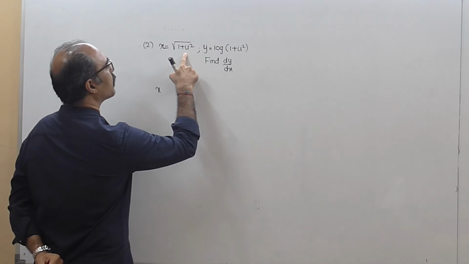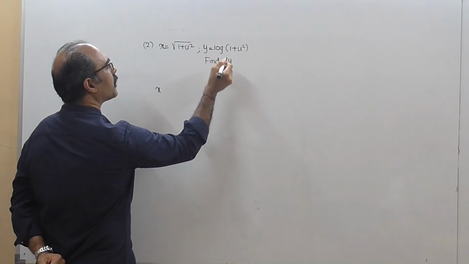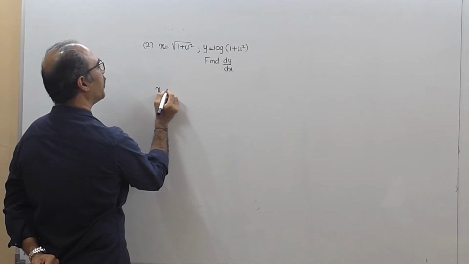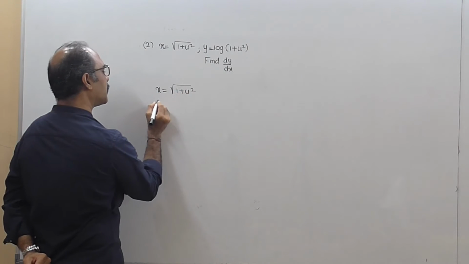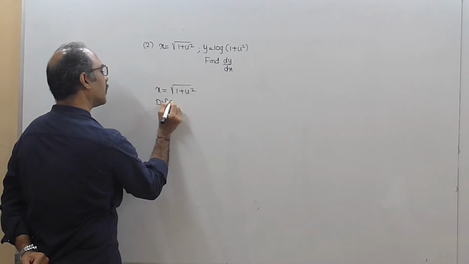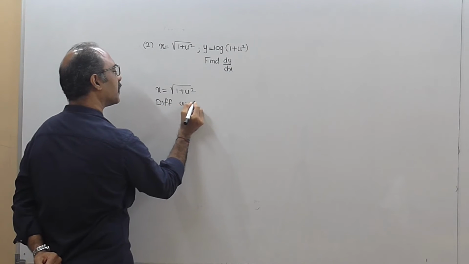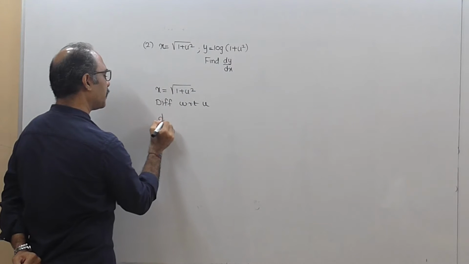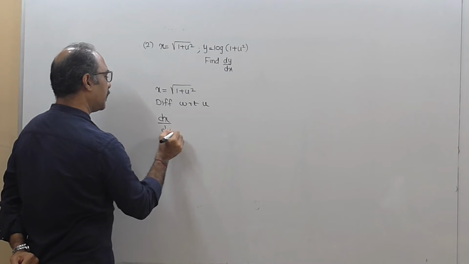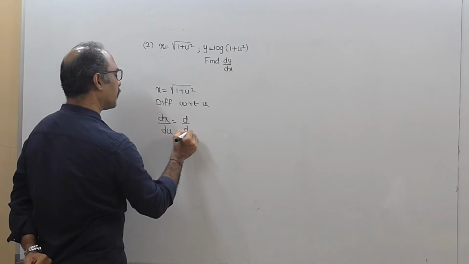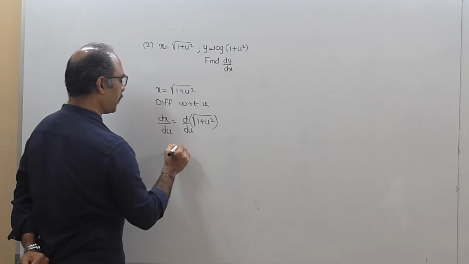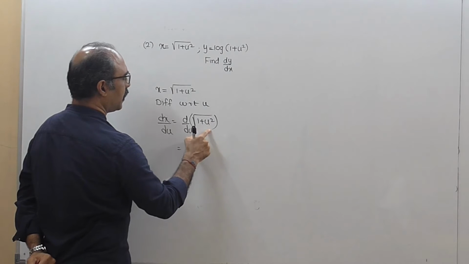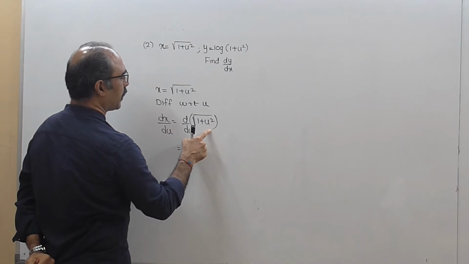x equal to root of 1 plus u square, y equal to log of 1 plus u square. You have to find the value for dy by dx. So x equal to root of 1 plus u square, differentiate with respect to u, dx by du equal to d by du of root of 1 plus u square.